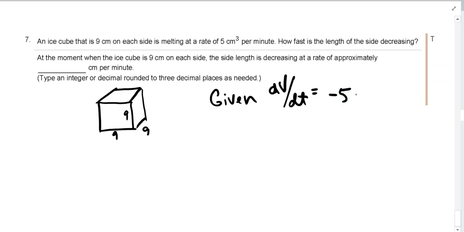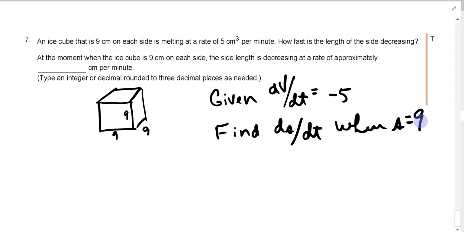We're supposed to find the length of the side. How fast is it decreasing at the moment when the ice cube is 9 centimeters on each side? All right? So we are supposed to find ds/dt when s is equal to 9.